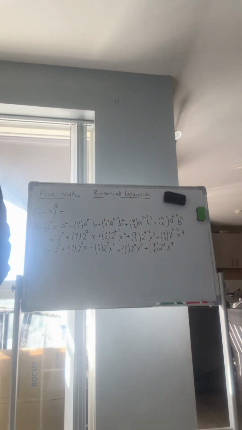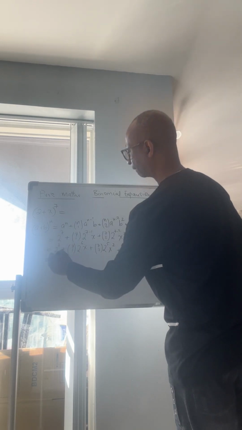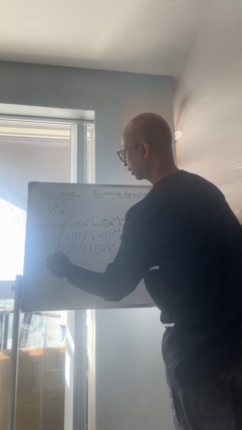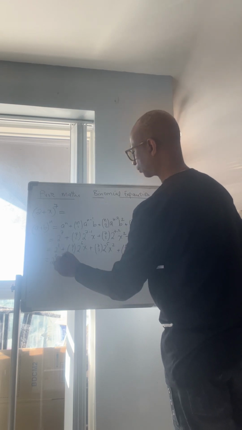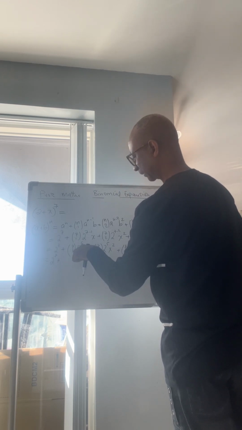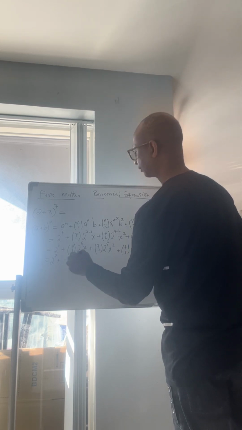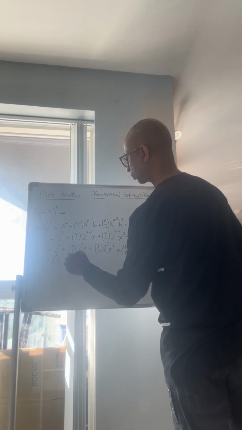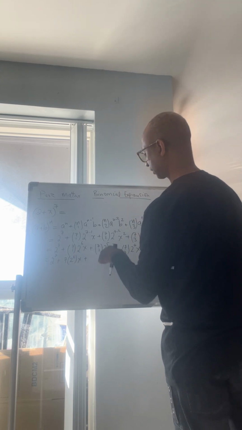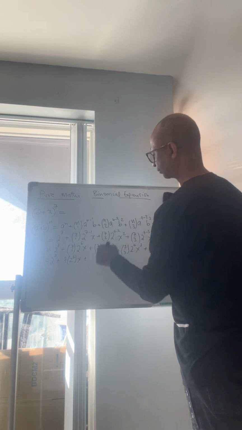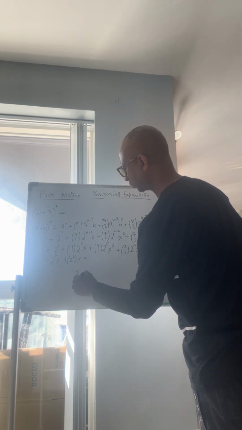All we need to do now is to simplify. But first, let's solve these factorial things. This gives us 2^7 plus 7 times 2^6 x, plus 7C2.